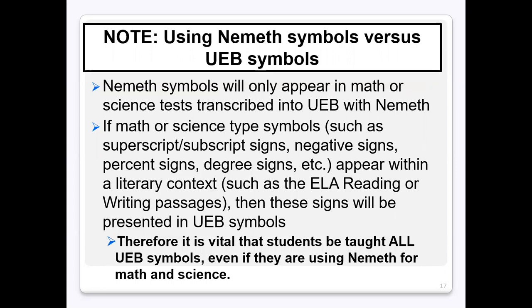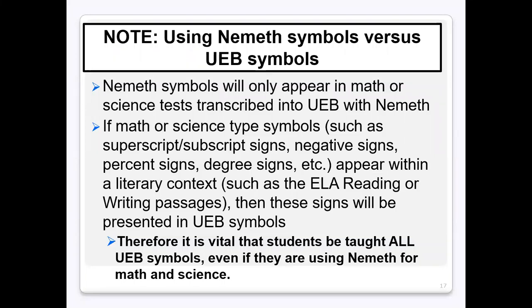Also be aware of using Nemeth symbols versus UEB symbols. Every student needs to learn all UEB symbols, including symbols used for math and science. If something comes up in a reading passage, such as a math or science type symbol like a superscript or a subscript, a negative sign, a percent sign, a degree sign, in a literary context such as ELA reading or writing passages, then those will be done in UEB.